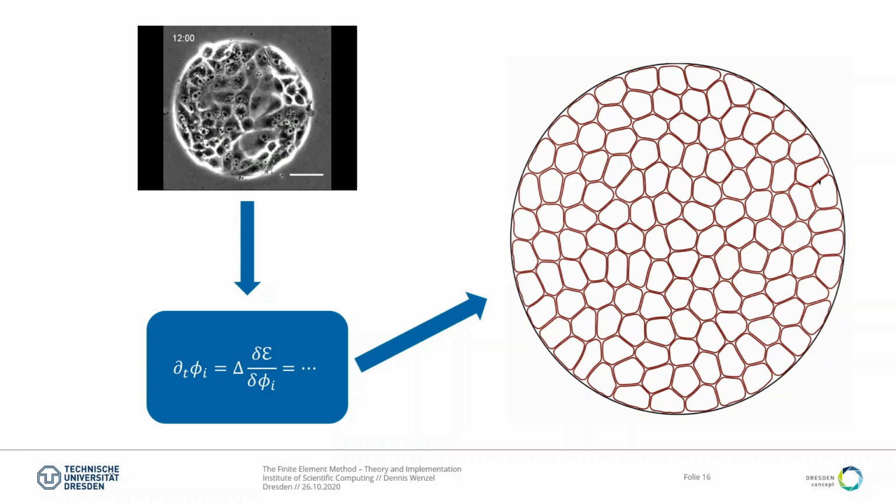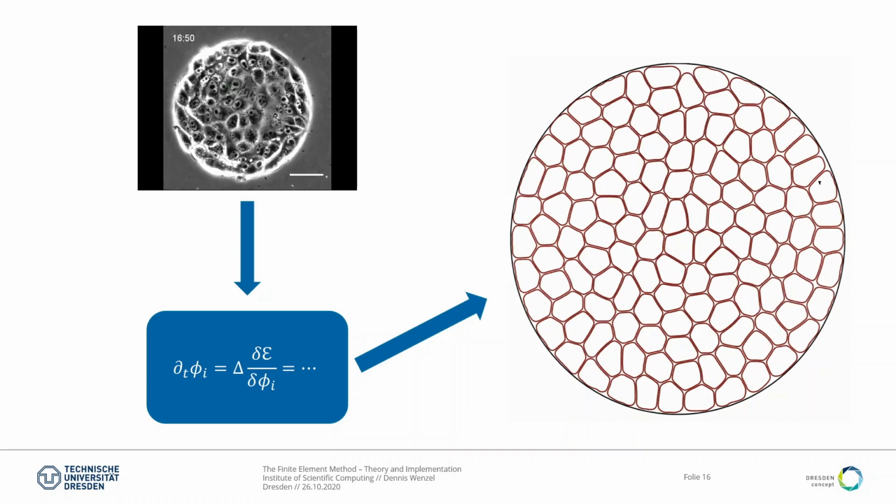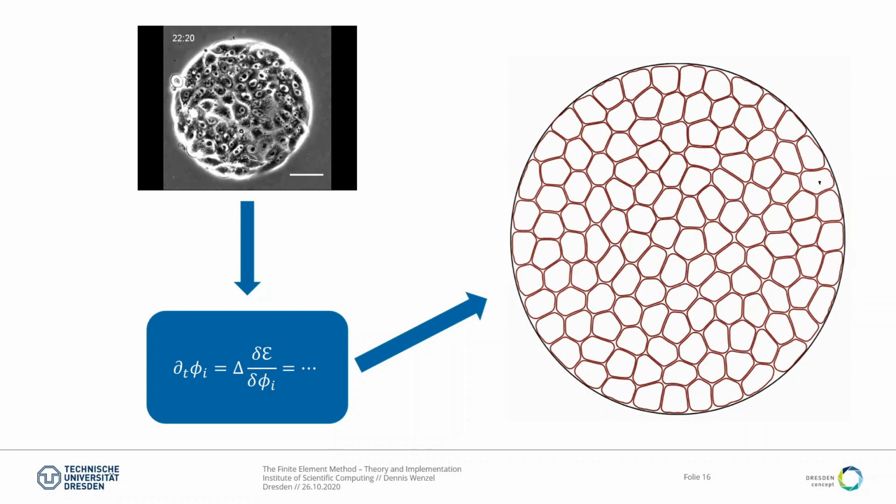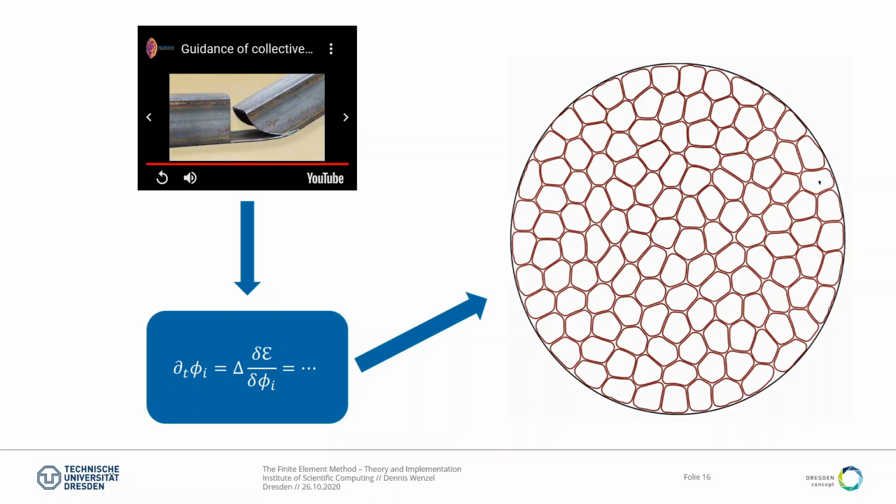So the bottom line of this slide is that the process of analyzing an actual phenomenon of nature, describing it in a mathematical model, and then solving it using a finite element method is a very powerful task, because the one thing can only be observed in experiments and the other thing can be done purely in a simulation.